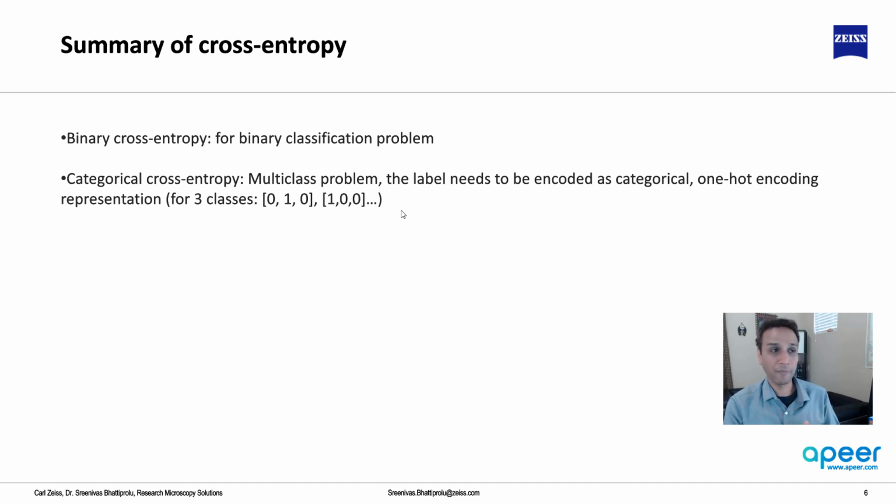But if you're trying to use categorical cross entropy, for example, for multi-class problems, you need to one-hot encode them, which means my 0 is not 0, it is 1, 0, 0. Because I have 3 classes, you have 3 numbers. And the first one, if it is 1, that means that belongs to the first class. The next one, 0, 1, 0, means it's the second class. And the third class is 0, 0, 1. Again, that's a quick 30-second explanation, but we'll get to that in future.